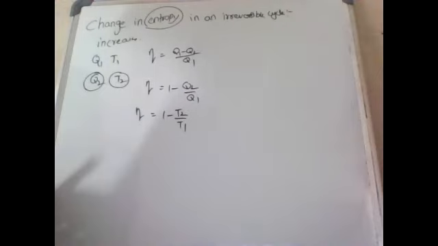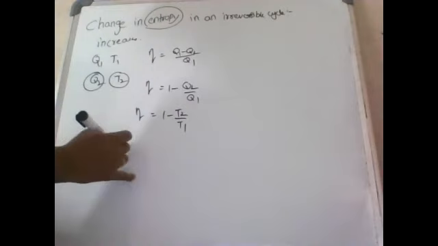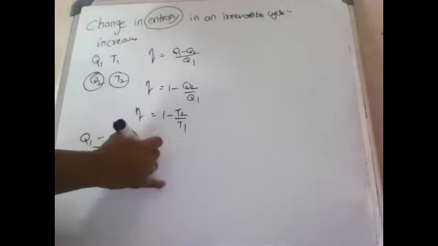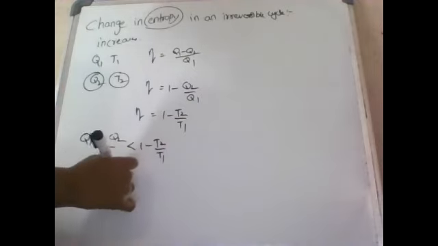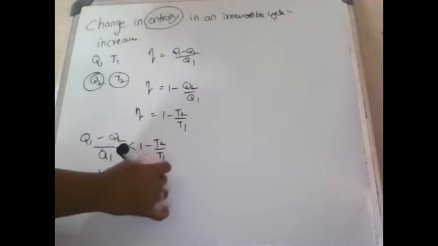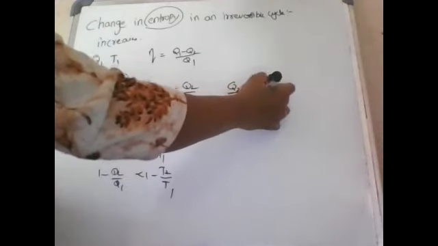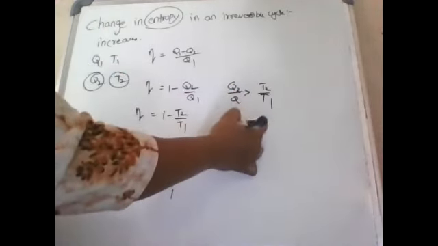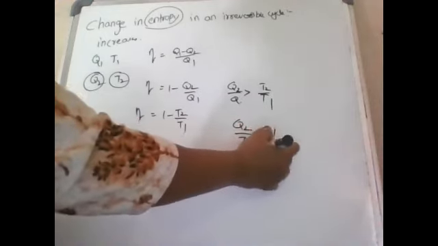So for an irreversible cycle, the efficiency is less than that of a reversible cycle operating between the same temperature limits. Then from that definition, (Q1 minus Q2) by Q1 is less than 1 minus T2 by T1, and 1 minus Q2 by Q1 is less than 1 minus T2 by T1, or Q2 by Q1 is greater than T2 by T1, or Q2 by T2 is greater than Q1 by T1.